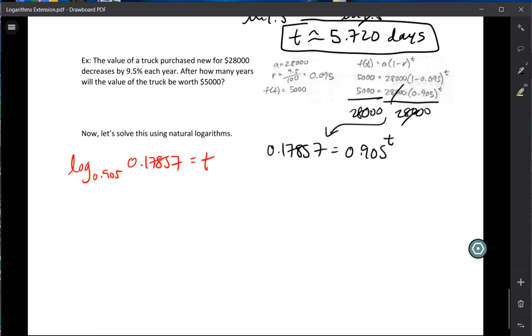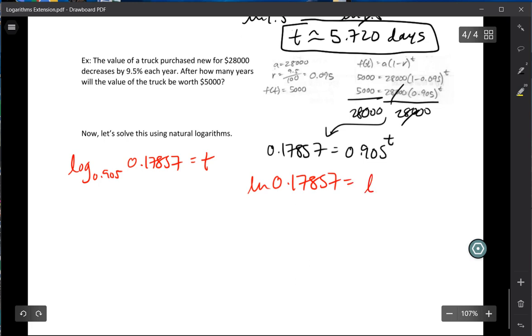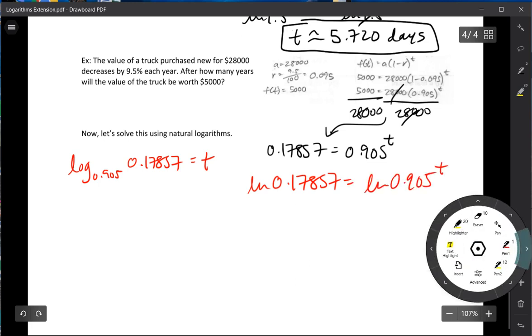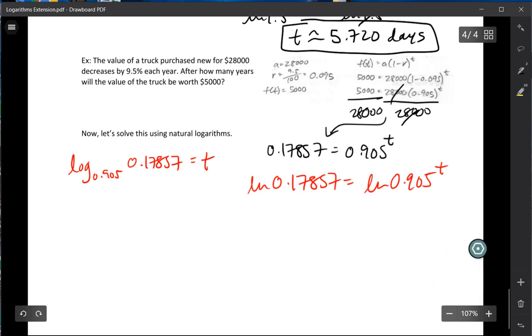Or if you prefer the natural logarithm method, we have ln of 0.17857 equals ln of 0.905 raised to the power of t. We take this t and place it right in the front. So this is ln of 0.17857 equals t times ln of 0.905.